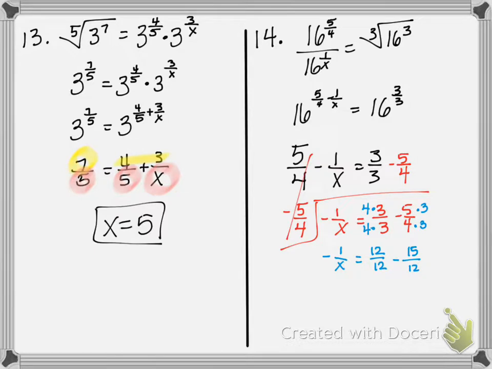So I have negative 1 over x equals negative 3 over 12. Well, these still don't match, but I see that negative 3 over 12 can be simplified. I can divide by 3. So I get negative 1 over x equals negative 1 over 4. So that means x equals 4.